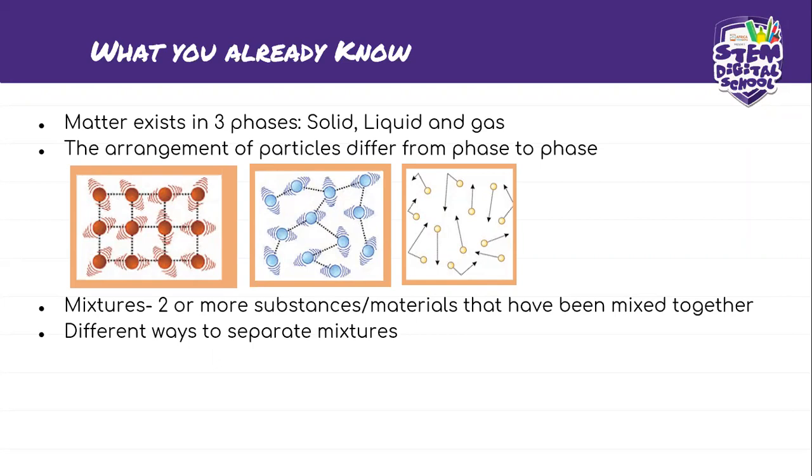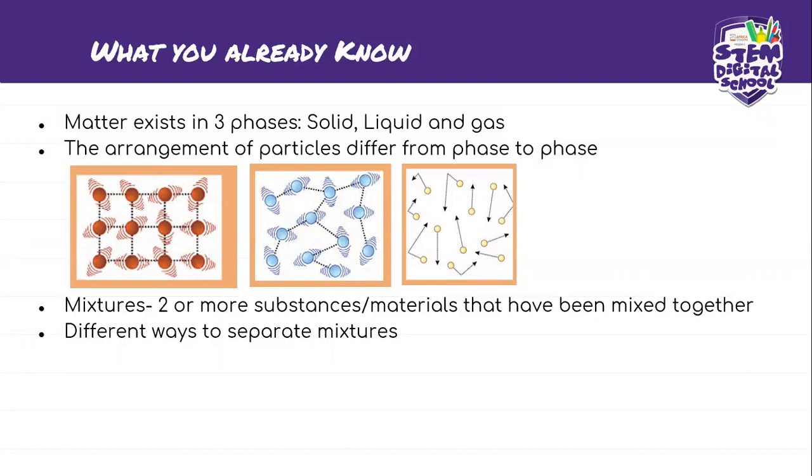All right, so just a quick recap. Remember we have mixtures, where we have two or more substances or materials which have been mixed together, and we refer to that as a mixture. For example, we can have sand and stone mixed together. If we want to separate the sand and the stone, there are different methods we can use.